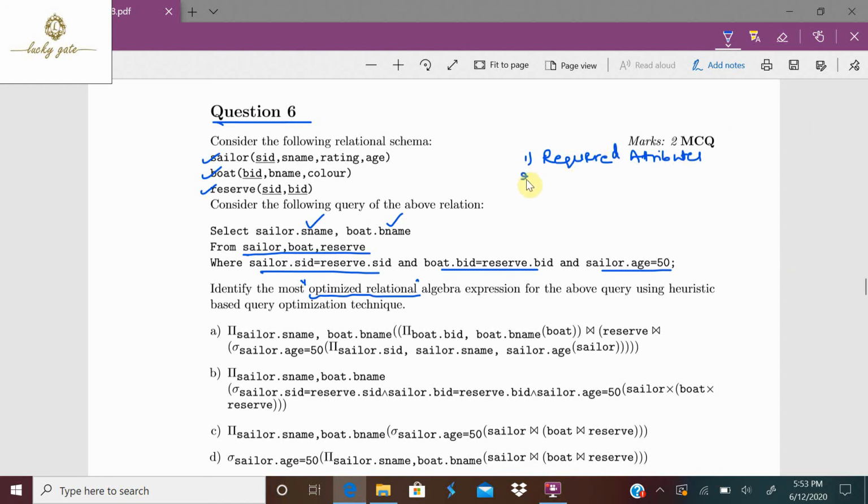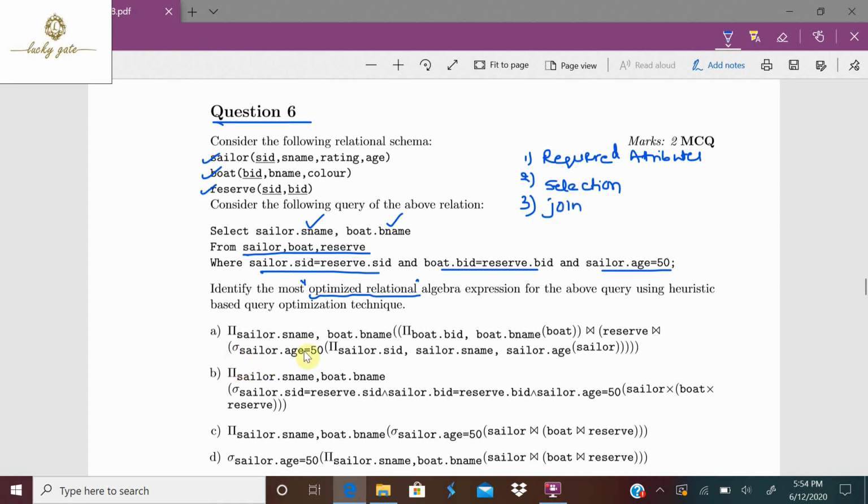Second, instead of performing join on all tuples, we select the tuples based on the conditions. Suppose we have some condition on a relation, only those tuples are to be selected. So next it has to perform selection. Finally, we perform the join of those tables with only the required attributes and required tuples. This is the process for getting the optimized relation.